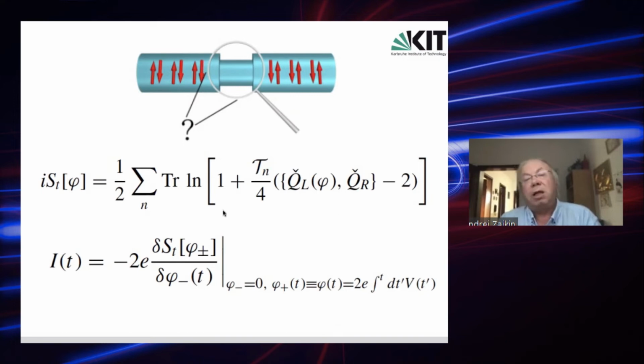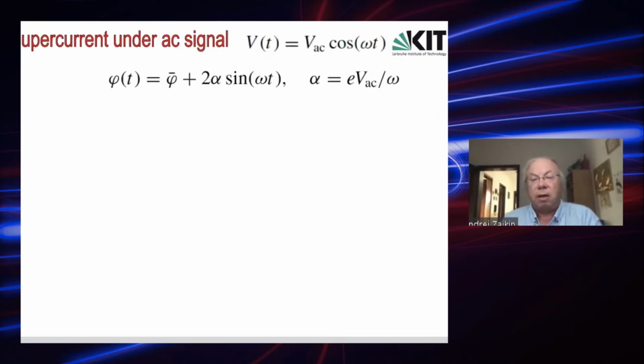It's basically Keldysh machinery, effective action, and stuff like this. You have Green functions and so on, and then you can calculate the current and all other cumulants. I have no time to discuss the theoretical part of our talk, so I immediately come to the results.